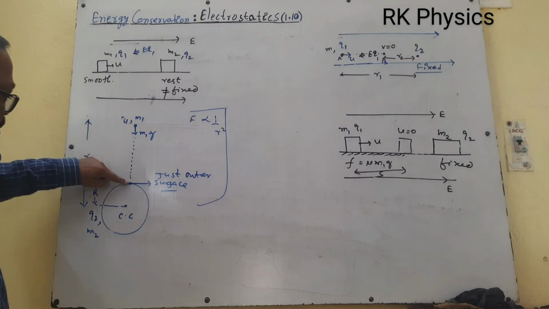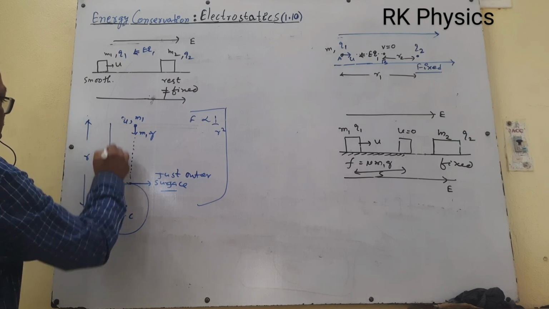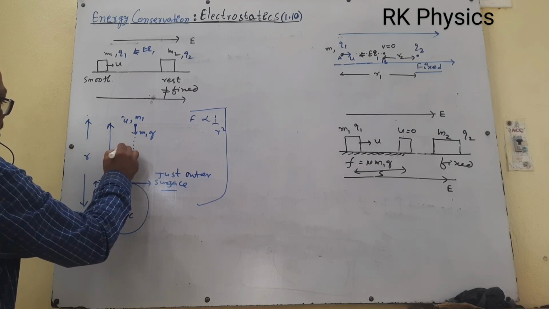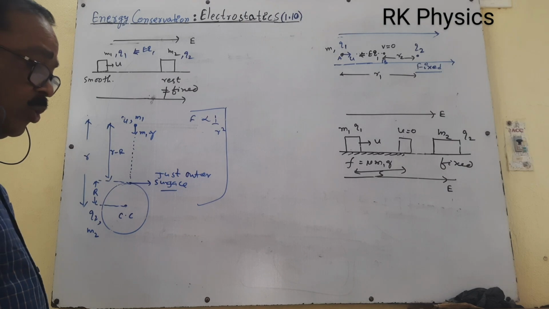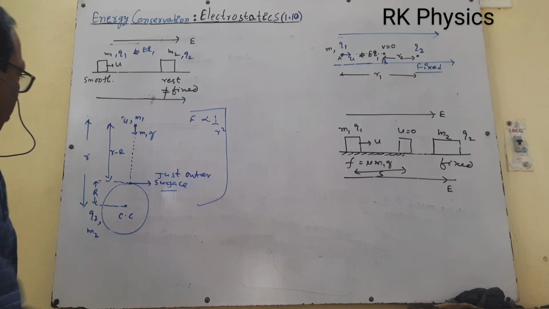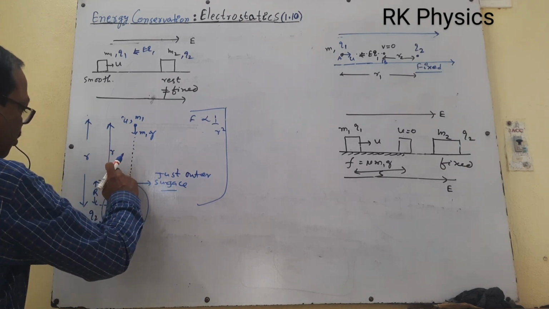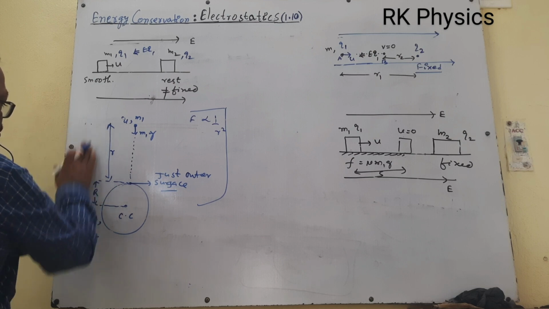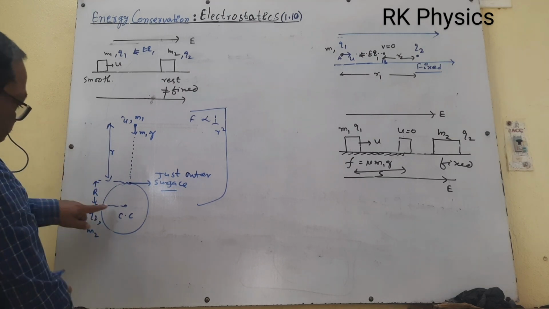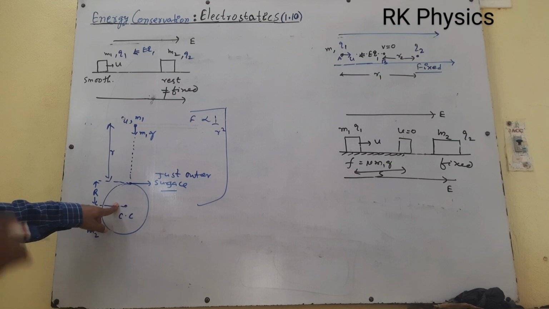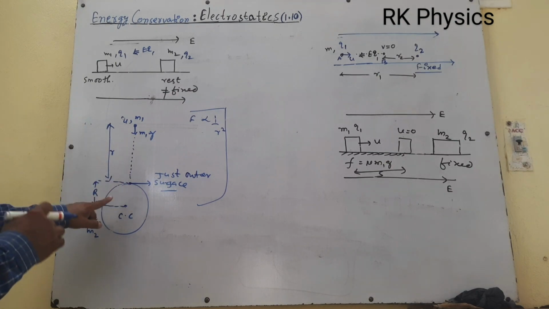When the charge is on the surface, its distance is r minus r. This is smaller from the surface, and this is bigger.